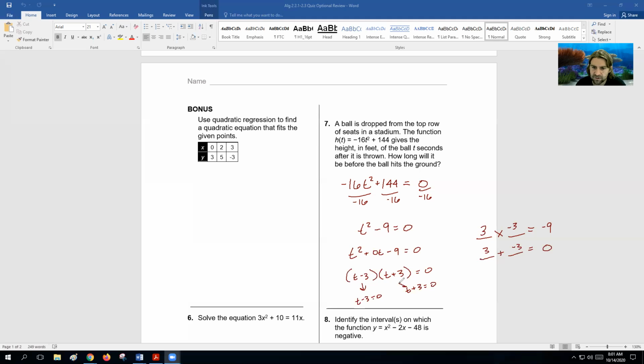We get two answers: t equals 3 seconds, and on this one we'd subtract the 3 over, so t equals negative 3 seconds. Which one is the right answer? Well, we can't go backwards in time, so we're not going to have the negative answer. The time is 3 seconds, so it would take 3 seconds for the ball to hit the ground.